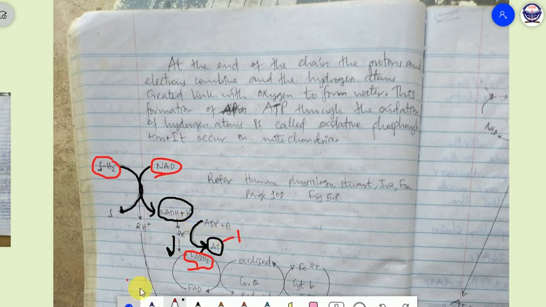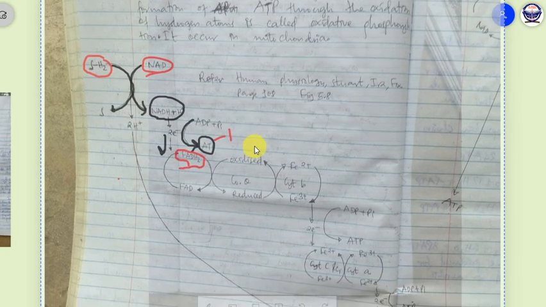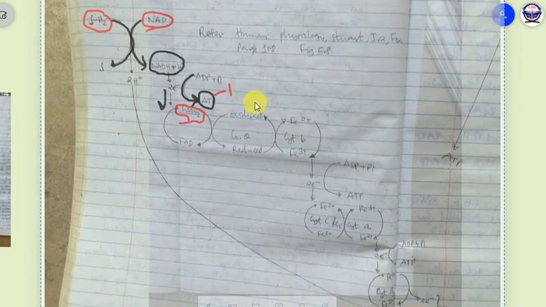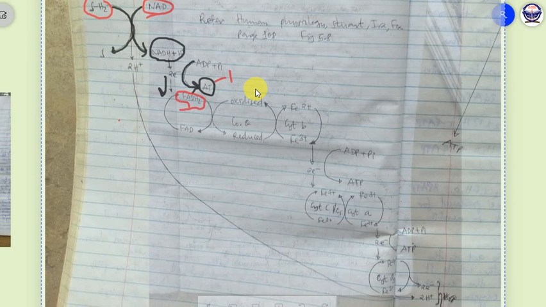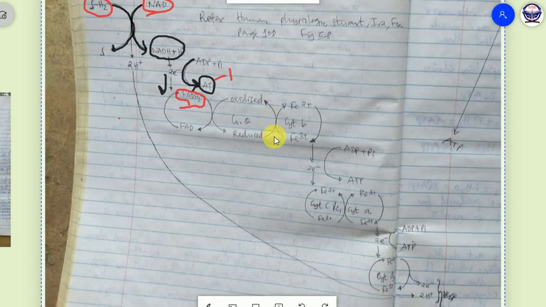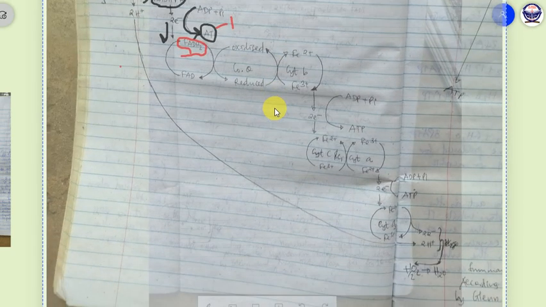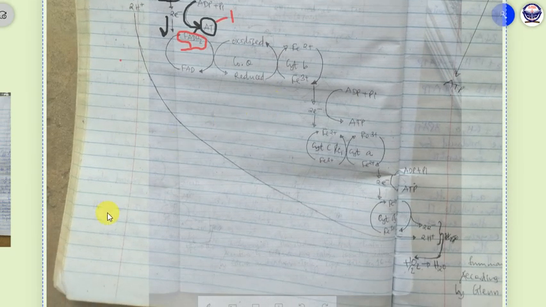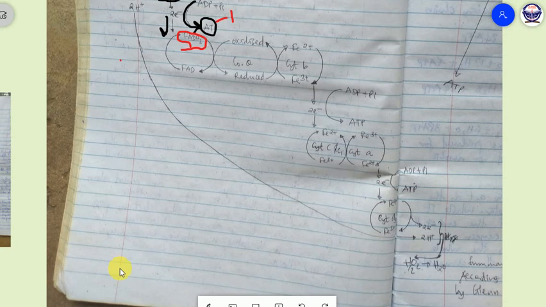So what will happen to FAD huku chini? Maanake tutaenda kuona hizi process nyingine zote zinazoendelea huku chini kwa FAD na NAD zinafanana, except hapo juu tu. Hapo juu FAD na NAD ndio wanatofautiana. Now hapo tumesha form 1 ATP kwa kutumia NAD, tumeform 1 ATP.